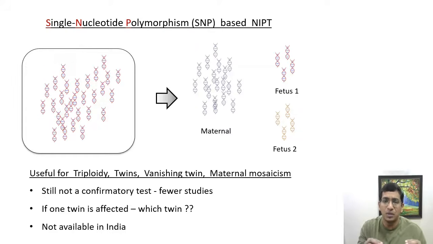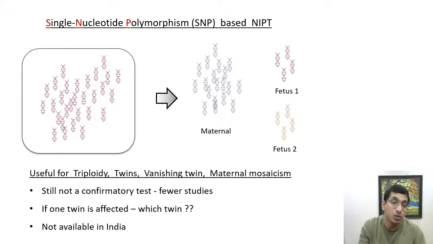Now, just before I conclude, there are certain NIPT techniques called single nucleotide polymorphism based NIPTs. What they do is try to find out differences in the DNA between individuals. Though many individuals have similar DNA on each chromosome, say chromosome 21 DNA in me and in you will be almost the same, still 1 or 2 bases here and there are different, and this SNP based NIPT finds the difference in bases to basically label which DNA bit comes from whom.